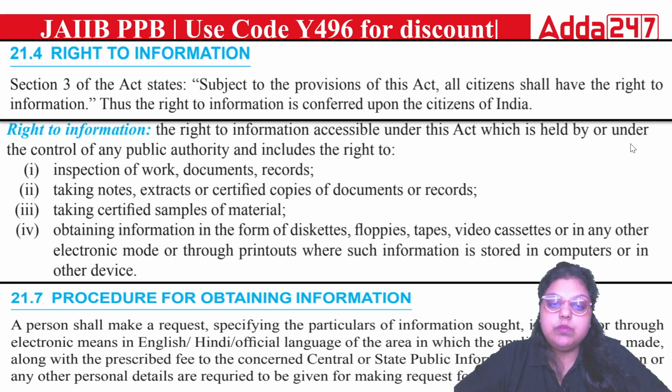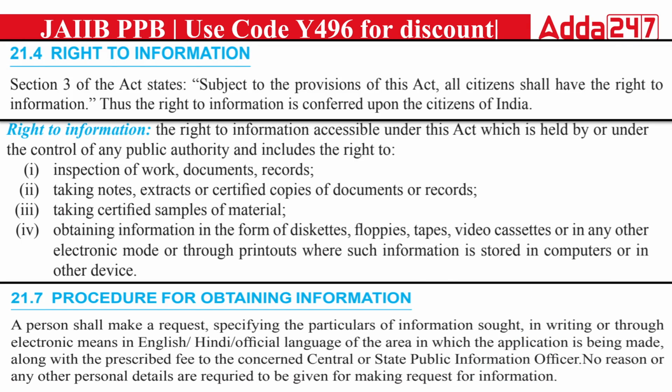Apart from that, the right to information accessible under this act is information which is held by or under the control of any public authority, and includes the right to inspection of work, documents, records, taking notes, extracts or certified copies of documents or records, taking certified samples of material, obtaining information in the form of discs, floppies, tapes, video cassettes or in any other electronic mode or through printouts where such information is stored in computers or in other devices.